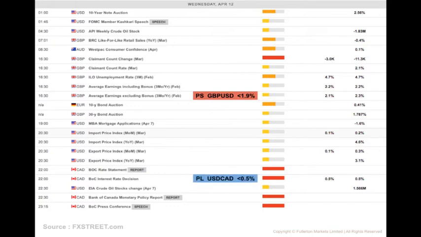The next one is later on Wednesday night, 10 p.m., which is the Bank of Canada interest rate decision. Market is expecting them to maintain interest rate at 0.5%. We do not expect them to make any adjustment to interest rate as well, given the trade deficit that was announced last week.